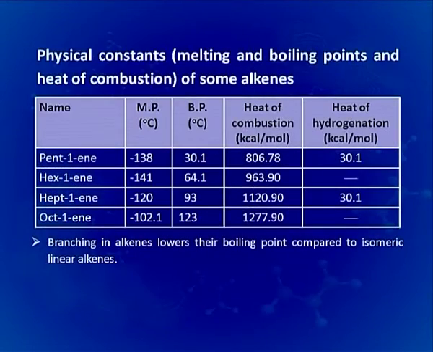The table continues with more examples of other alkenes like pentene 1, hexene 1, heptene 1, octene 1. Branching in alkenes lowers their boiling point compared to isomeric linear alkenes. Alkenes are less dense than water, insoluble in water, but soluble in non-polar solvents.